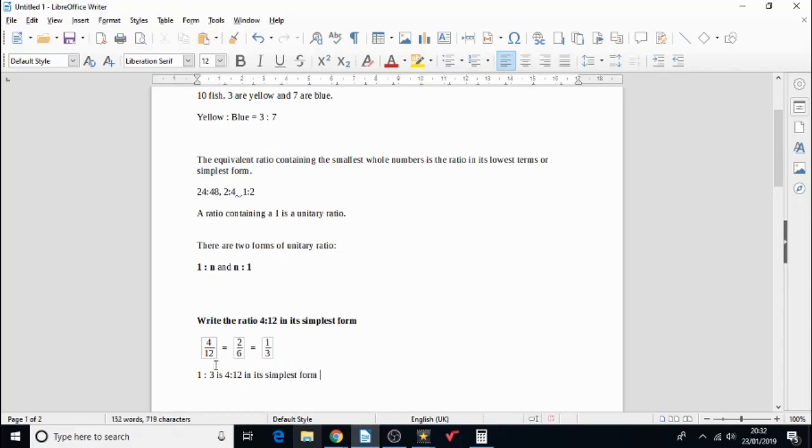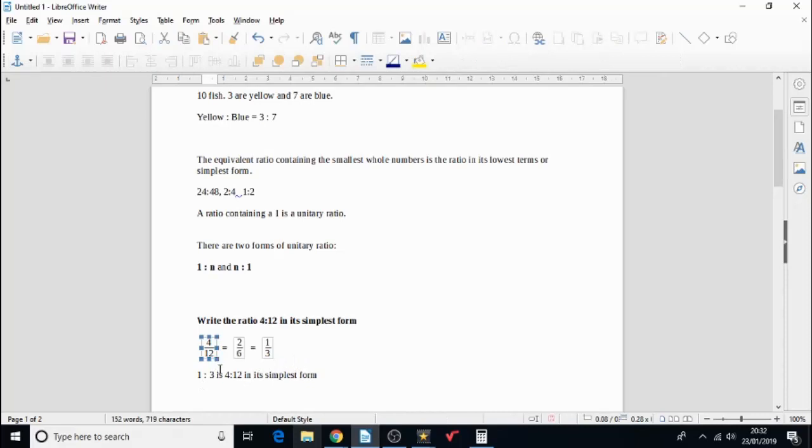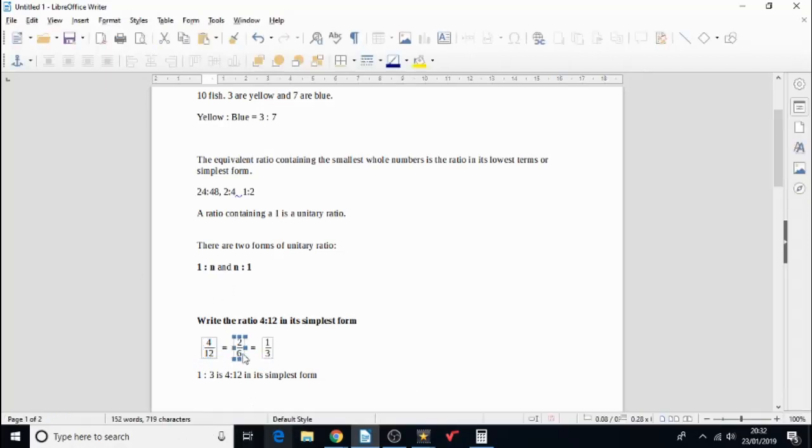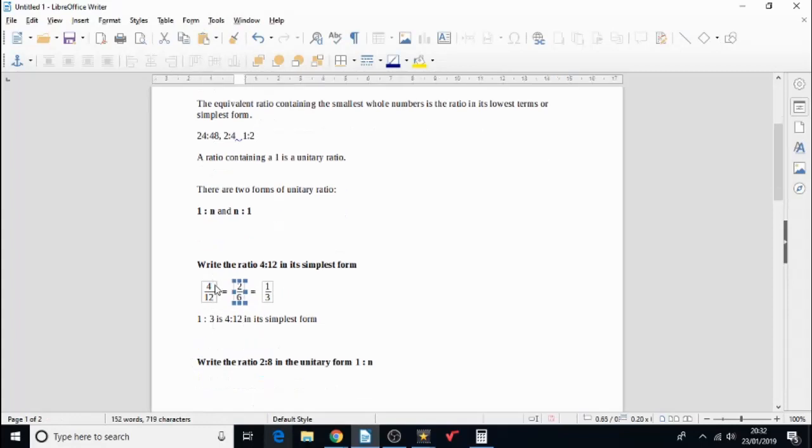We've done this by dividing both by their common factors, the highest common factor, because 4 can go into 12. When 4 is divided by 4, you get 1. When 12 is divided by 4, you get 3. That's how we've gotten from here to here.